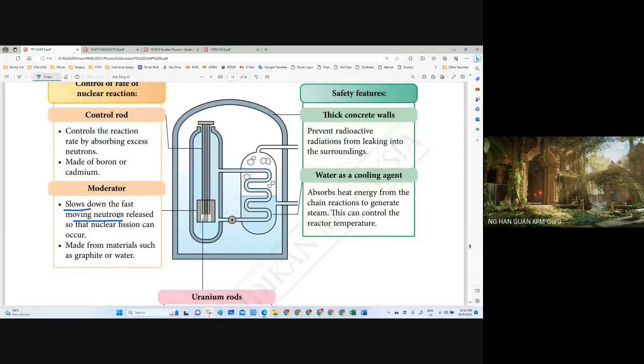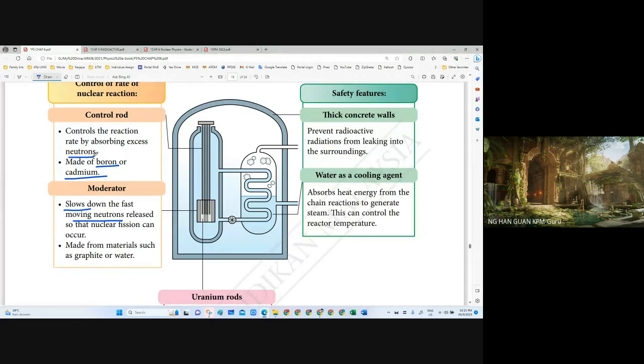Then only the nuclear fission can occur. With uranium-235 at more than the critical mass, you will get the chain reaction. The chain reaction releases energy to boil the water. The control rod is made of boron or cadmium, and it is used to absorb the excess neutrons.